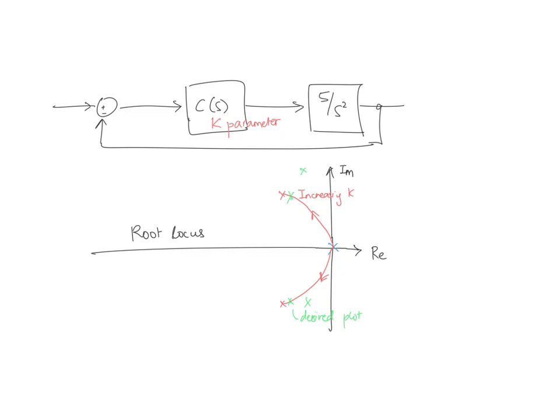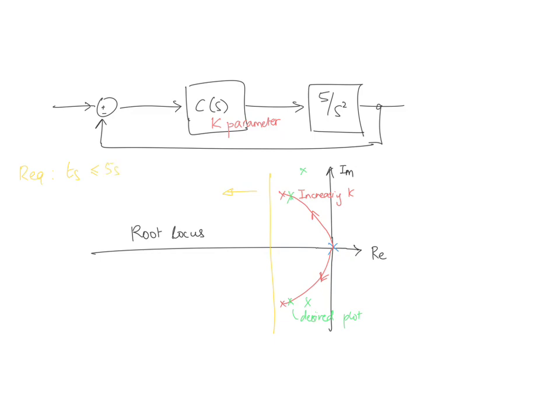The obvious question is, how do I visualize where my desired eigenvalues are based on the requirements? And that's something we saw before. If you have a settling time given to you, then you're looking for eigenvalues that are to the left of a certain line. Say your requirement says settling time no more than 5 seconds.